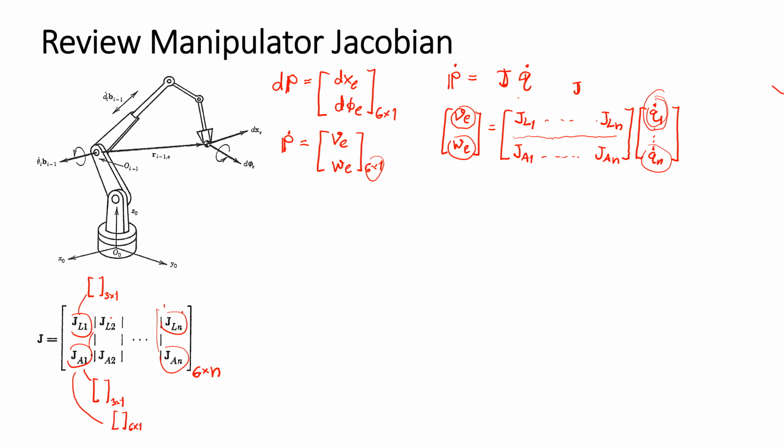And if we only consider the velocity vector at the endpoint, the velocity vector at the endpoint is a 3×1 vector. It can be composed from the first Jacobian multiplied by the first joint velocity.